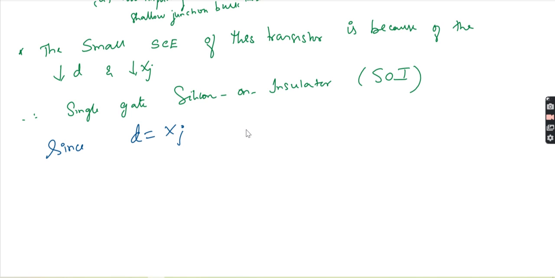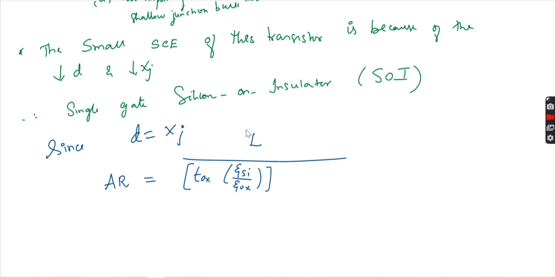Then the aspect ratio AR is given as L divided by, as you know the formula already, (T_ox times epsilon_Si divided by epsilon_ox) the whole power 1 by 3. Previously we had d to the power 1 by 3 into xj to the power 1 by 3.